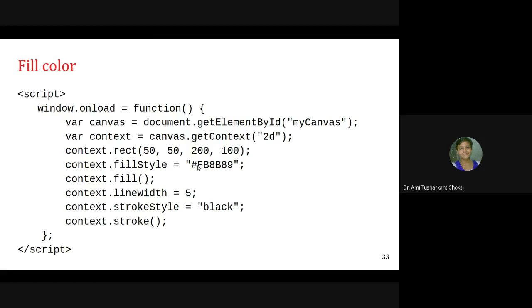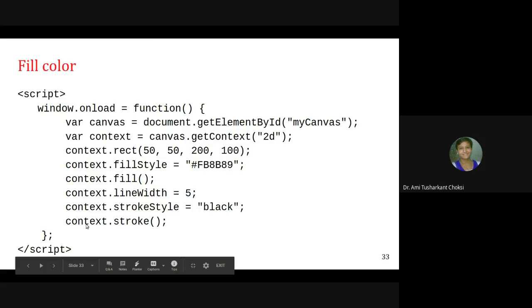After the hash, first two is for R, second two is for G, and other two is for B. That color we are specifying using context.fillStyle, then context.fill, then say context.lineWidth is equal to 5, and context.strokeStyle, that is the border color. Border color we are specifying with the help of strokeStyle, that is equal to black, and context.stroke.